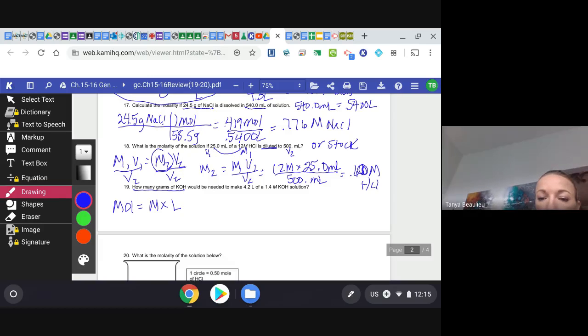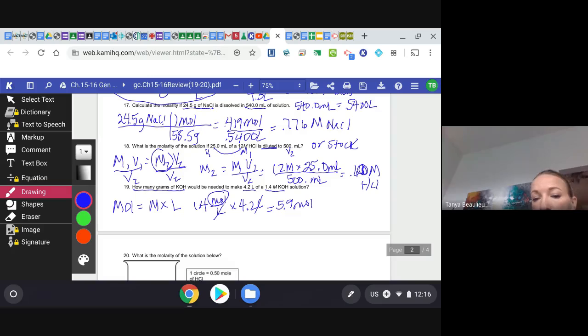So I'm going to take my molarity of 1.4 molar, which is moles per liter, and multiply it by my volume, 4.2 liters. When I do that, liters cancel, and I'm left with moles. 1.4 times 4.2 is 5.90 moles. Not zero, sorry, 5.9 moles.